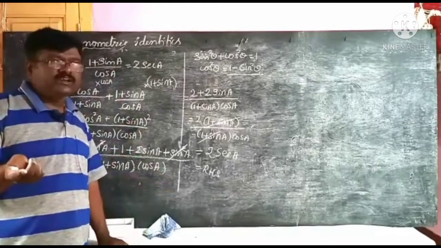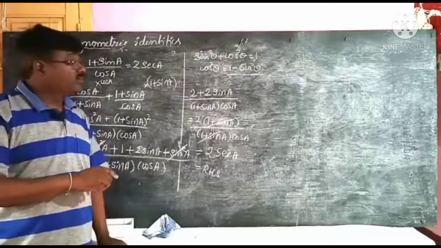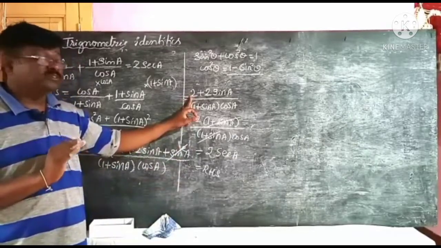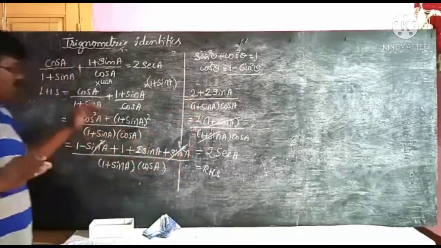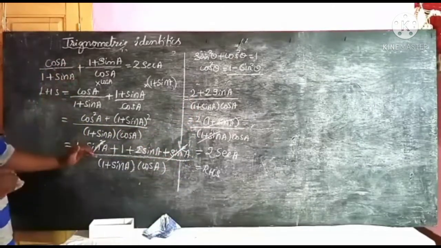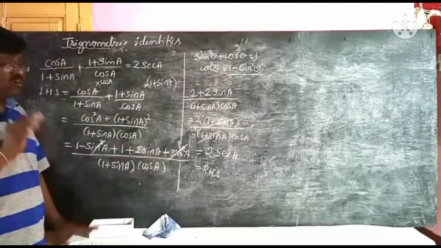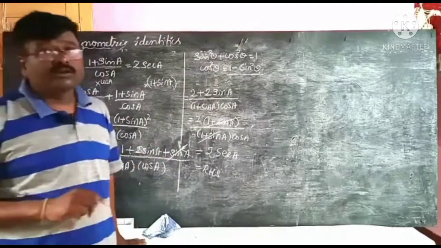If it is rationalizing, if rational roots are present, you can rationalize it. Take the common, apply trigonometric identities and algebra identities, and cancel the like terms. Keep all these points in your mind.